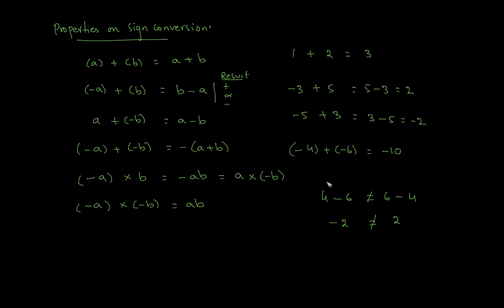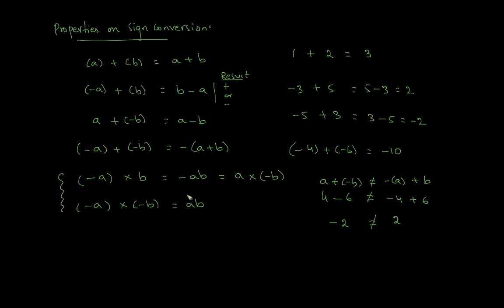I will put it in a clear way. If I take a equal to 4, and the value of b is 6, then I will put minus 4 plus 6. So you can't say that 4 minus 6 is equal to minus 4 plus 6. That is, b minus a is not equal to a minus b, right? Understood? Clear? The properties are clear.